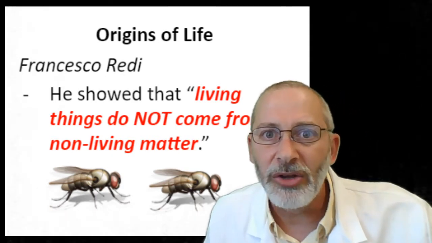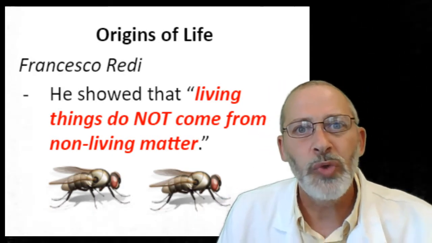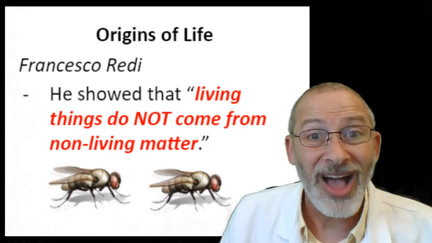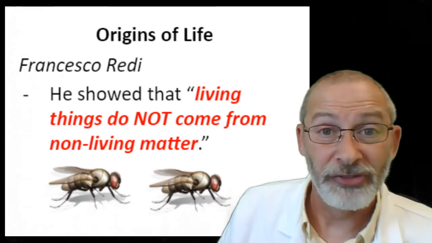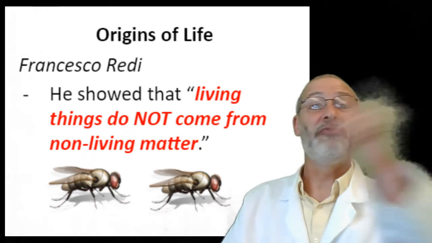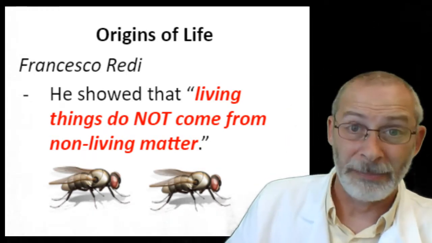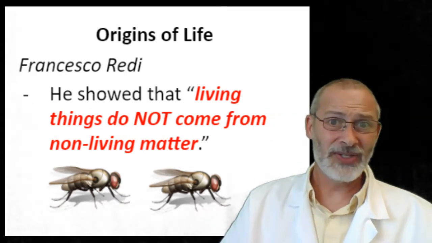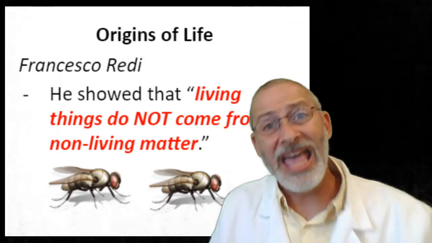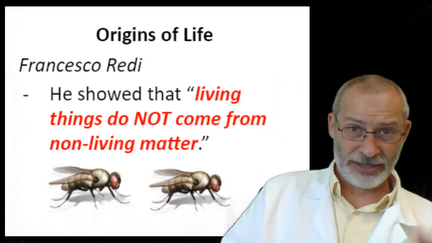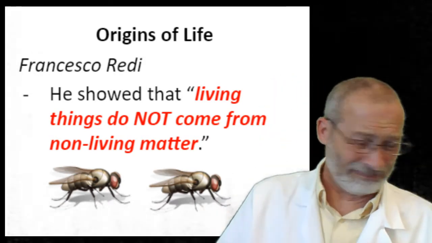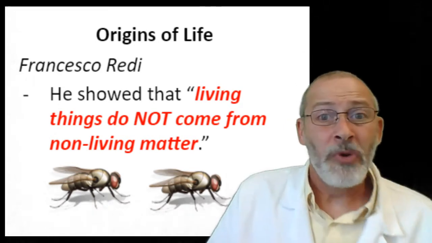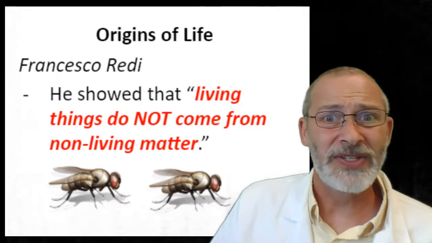If you followed the entire experiment, you would have concluded, like Redi concluded, that the flies came from other flies. It was the flies that were attracted to the meat. It was the flies that laid the eggs. It was the eggs that hatched into maggots, and the maggots that metamorphosed into flies.